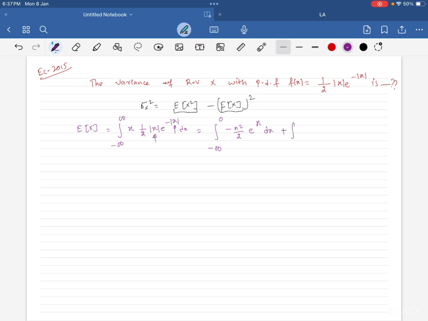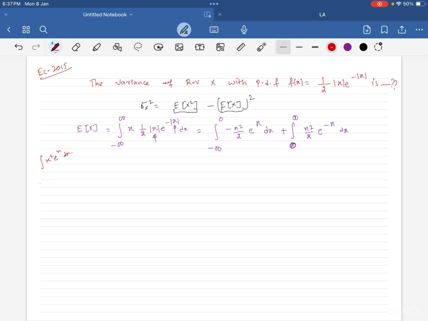Now from 0 to infinity, the mod will open up with positive value. So here we will have x square divided by 2 e to the power minus x dx, right? And now what's the integration of this? Integration of x square e to the power x dx, right?